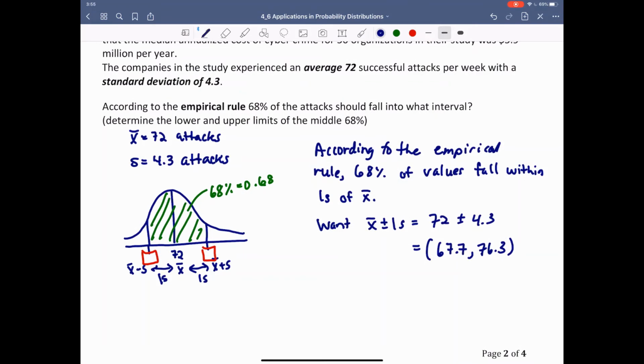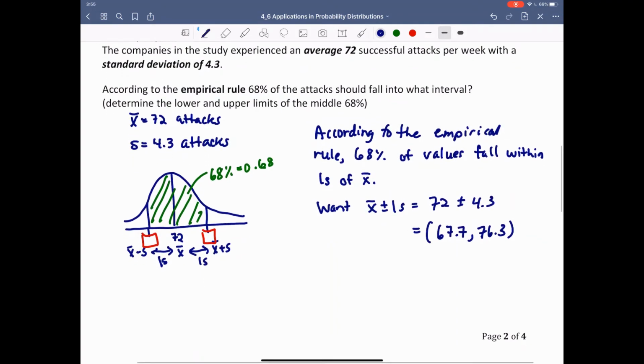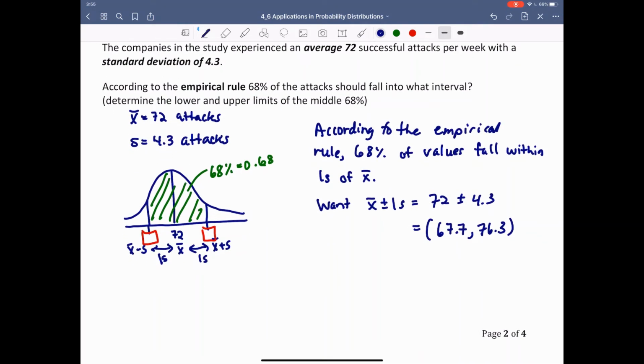Okay, so that answers our question. So 68% of the attacks would lie between 67.7 attacks per week and 76.3 attacks per week.